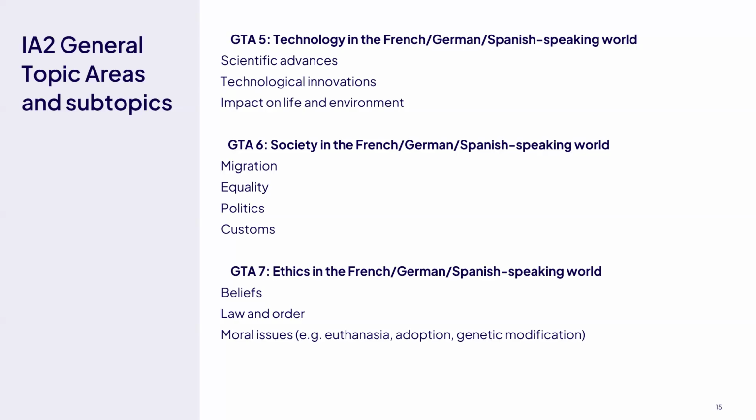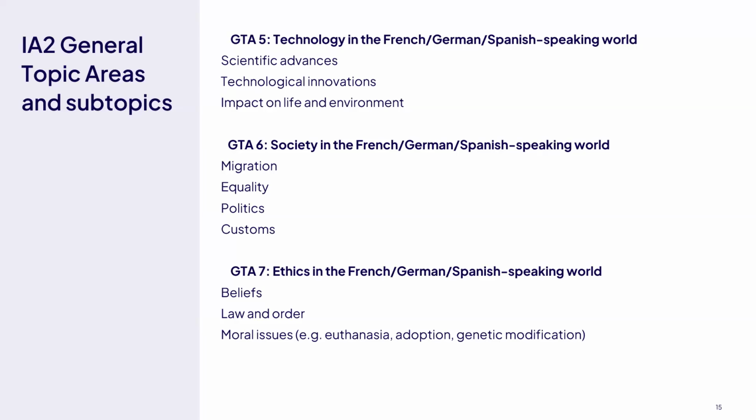The one little caution that I would give to you is on that general topic area 5, technology. Do make sure that the examples that your students are using come very specifically from the French, Spanish, or German-speaking world, because it's very easy for those things to be global, but actually we're not doing global here.